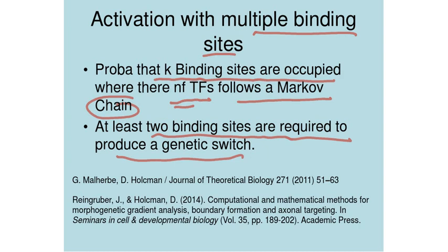A genetic switch is the possibility that you express something very high in some region and suddenly there's a switch, and nothing is expressed in the other region, although you have a graded expression here in yellow. So this is a graded expression.